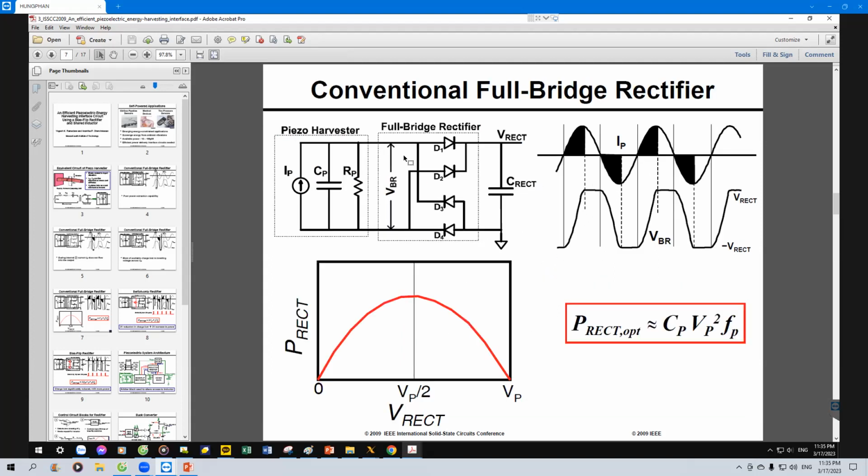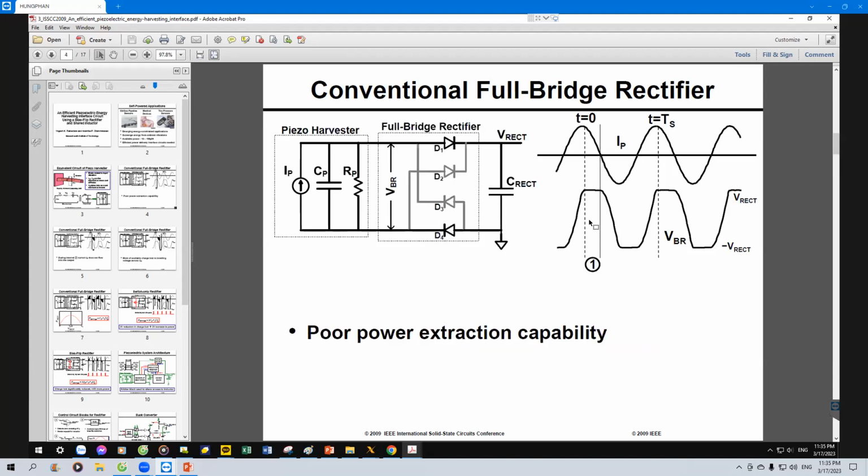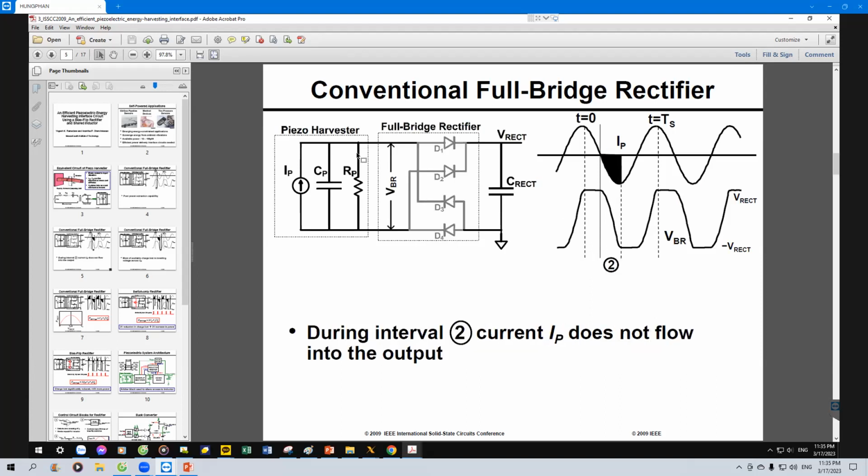Here without bias flip, the voltage will slowly change, with energy loss. The current IP here will slowly charge this internal cap, right? Here the diode is off, so the current will flow to this cap, and the voltage here will slowly change because they need time to charge this cap.